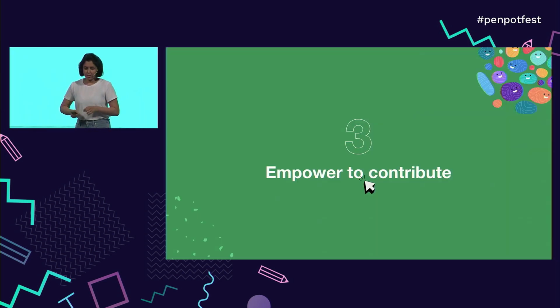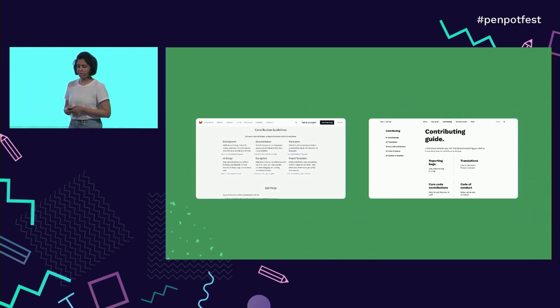Coming to the third one, which is empower to contribute. Once in a while, I run workshops to train designers how to contribute to open source. And I try to be really non-biased, but I'll be very frank. Their first choice is Penpot as a project to make the contributions. And that's because of how welcoming the contribution guidelines are.